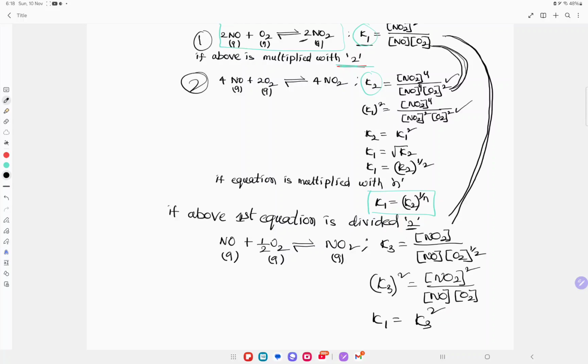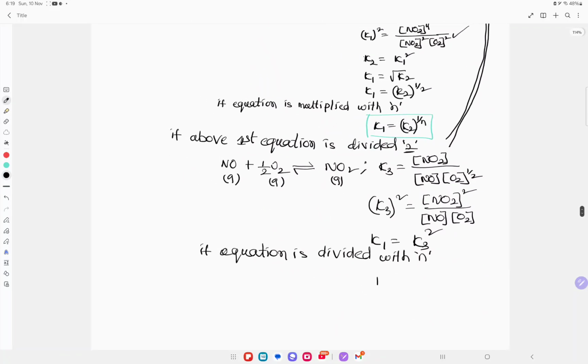If the equation is divided with n, then K1 is equal to K3 power n. K3 power n. Okay, this is the relation.